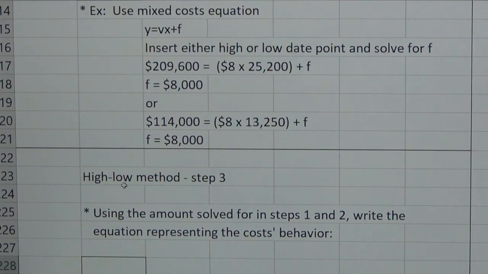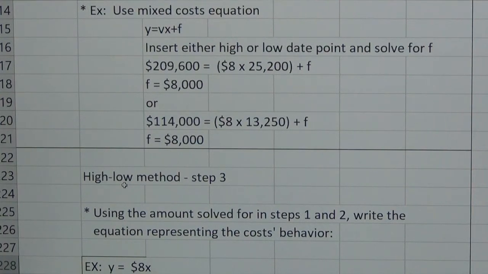So the equation for this example would be: y, the total costs, is going to be equal to 8x, where x is the number of units, the unknown variable now, plus 8,000.